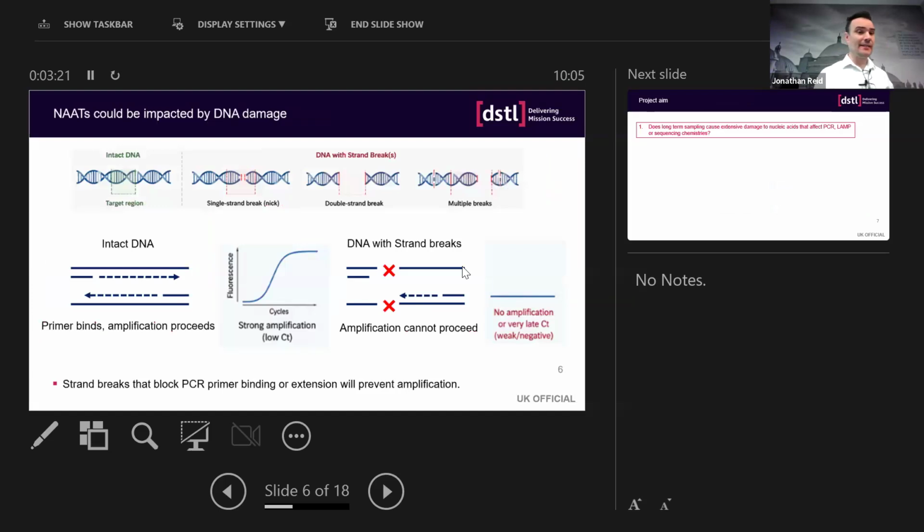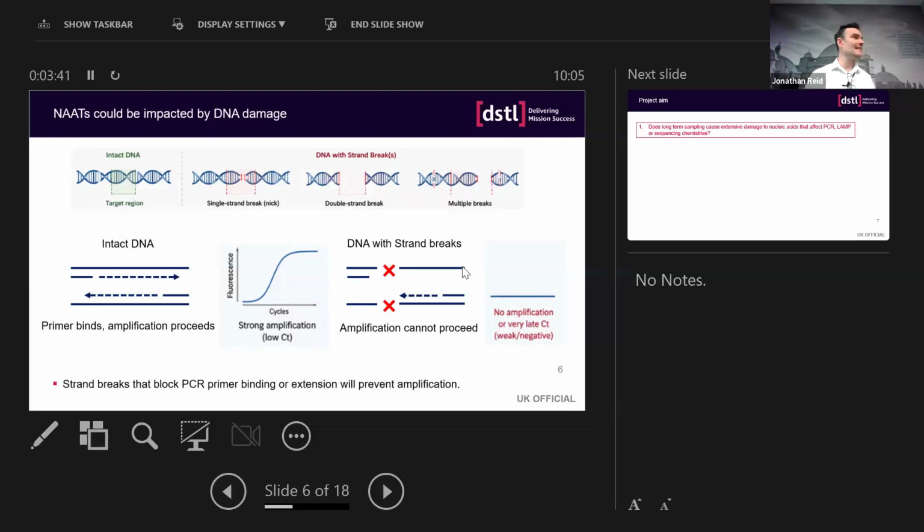Very briefly, to describe how physical DNA damage may impact these technologies, PCR and LAMP requires the binding of both a primer, which is a small sequence of DNA complementary to the target template, and a fluorescent probe.